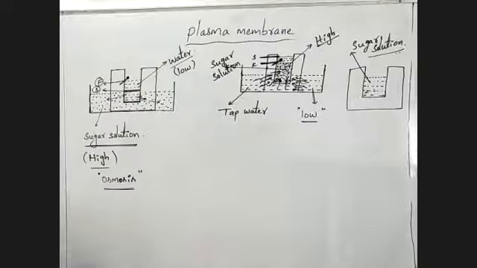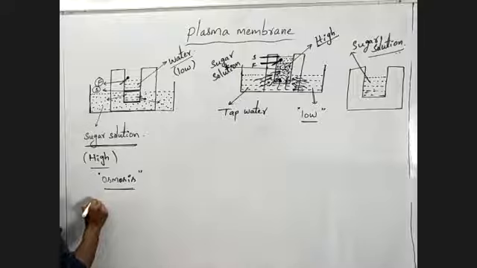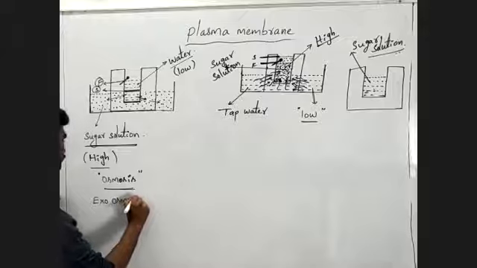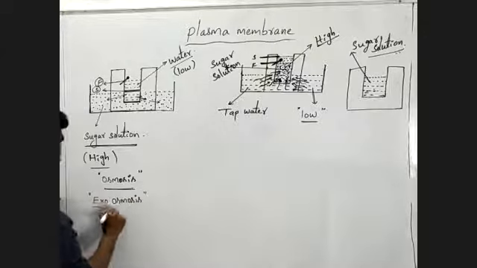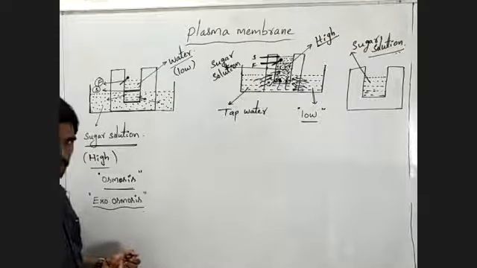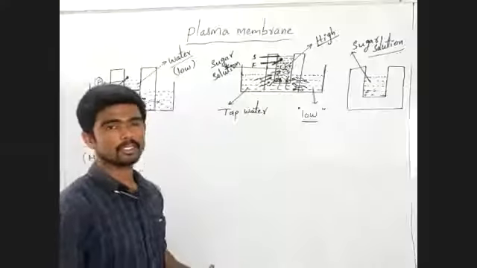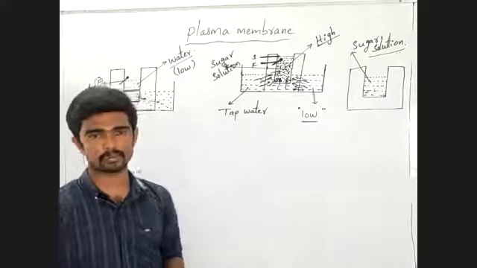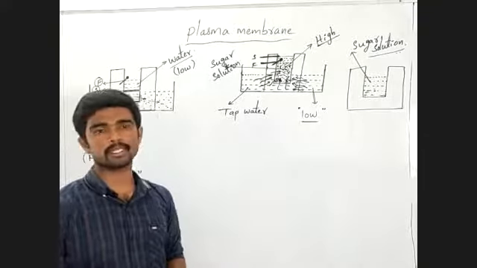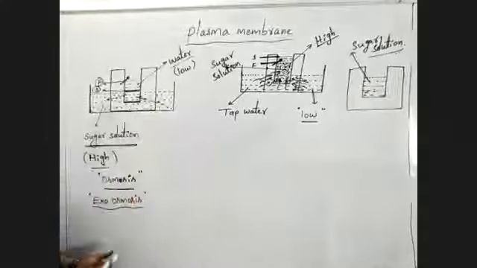Observe carefully. Here, exo-osmosis process takes place. Which type of osmosis here? Exo-osmosis process. Exo-osmosis means movement of water molecules from the cell towards the outside, or into the outside environment, or into the outside solution.